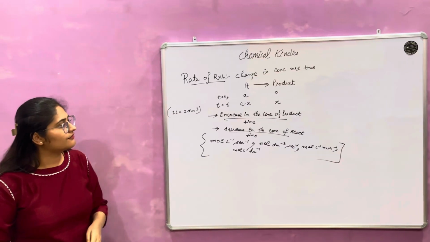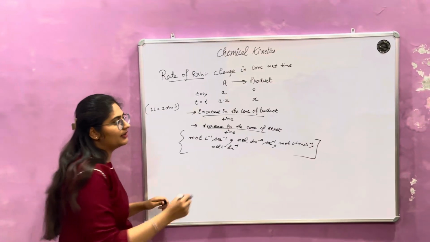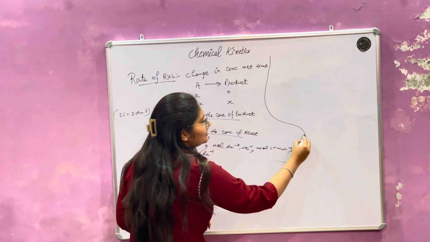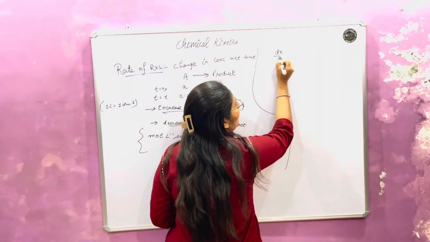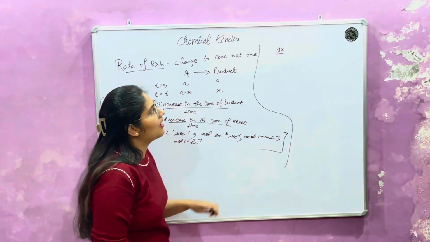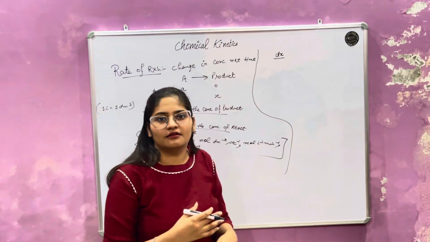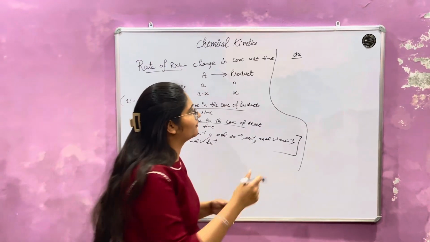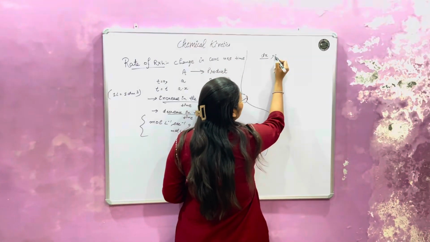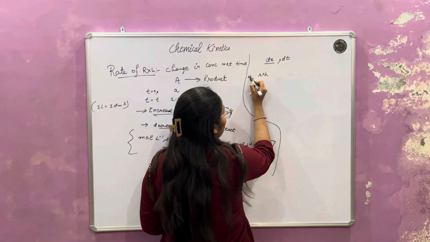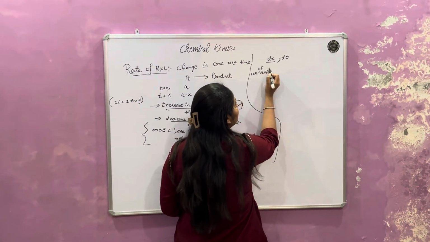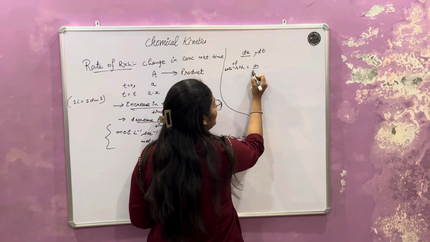After that, if there is a small change in the concentration dx of reactant or product, and a small change in time, an interval of time, that is dt, then I can write rate of reaction is equal to dx by dt.